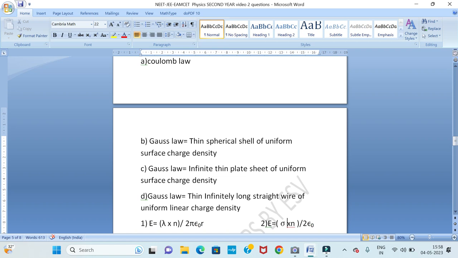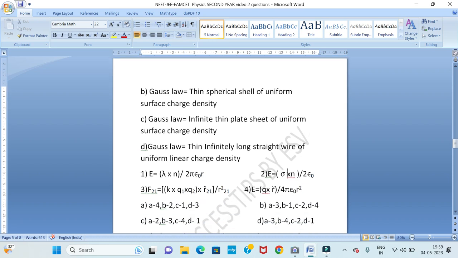First one is Coulomb law. So what is the formula of Coulomb law?